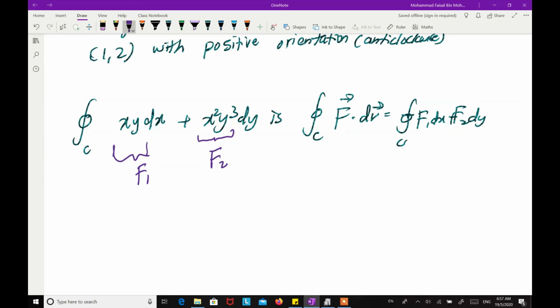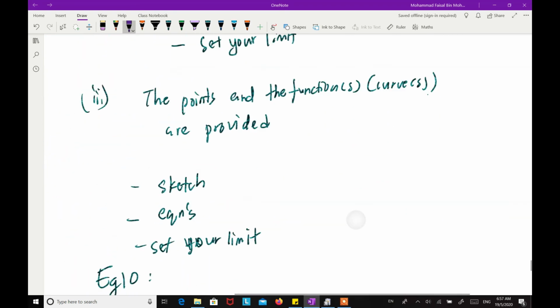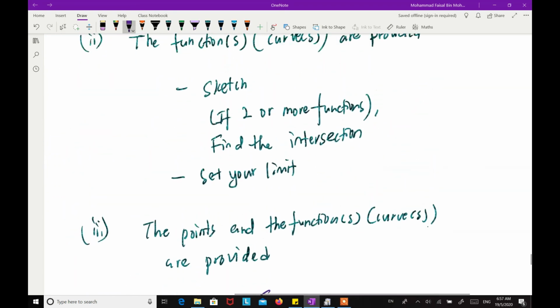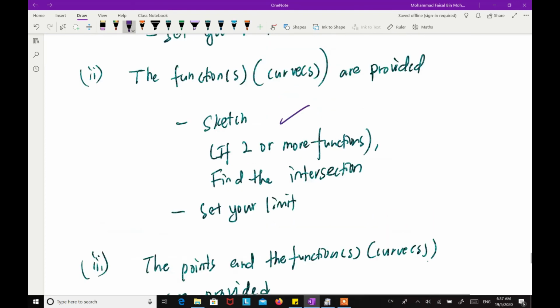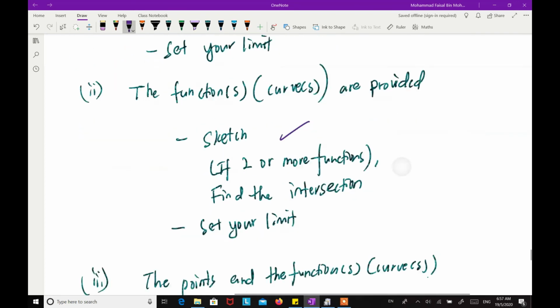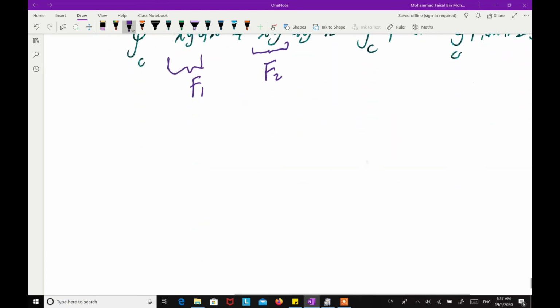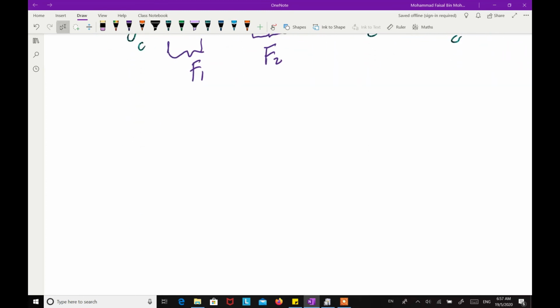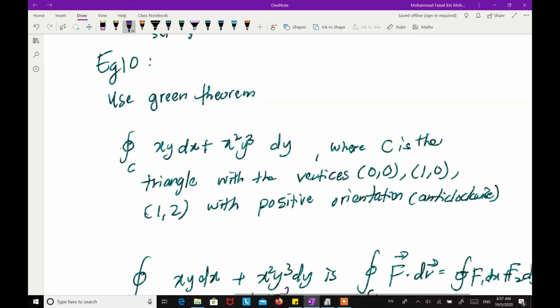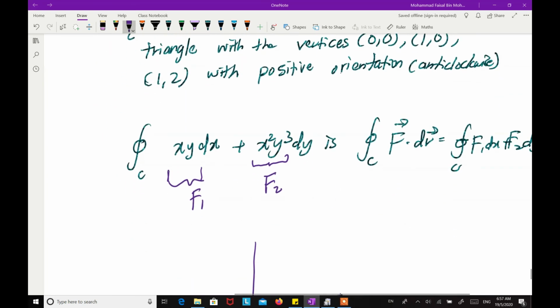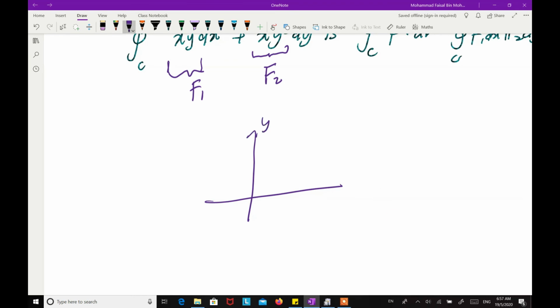Okay, so as usual, for any function or given points, any equation, you have to sketch. The curve is a triangle, so you have to sketch it. The points are (0,0), (1,0) and (1,2).